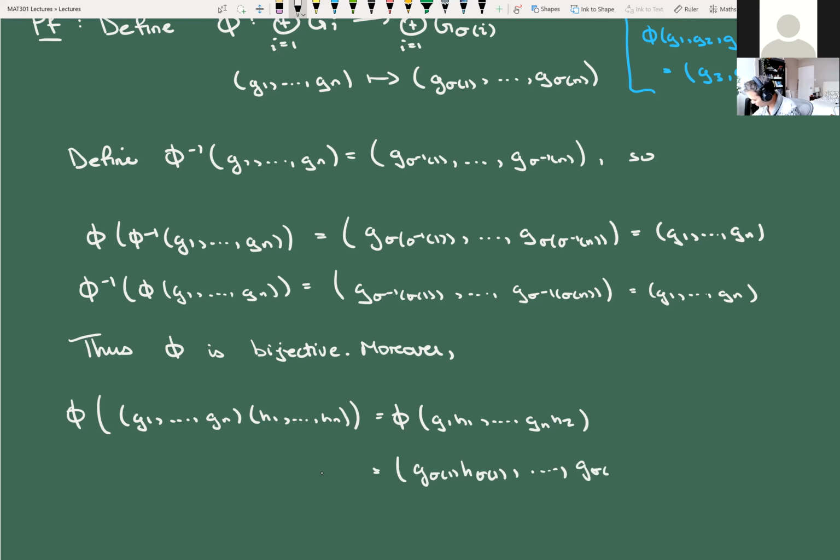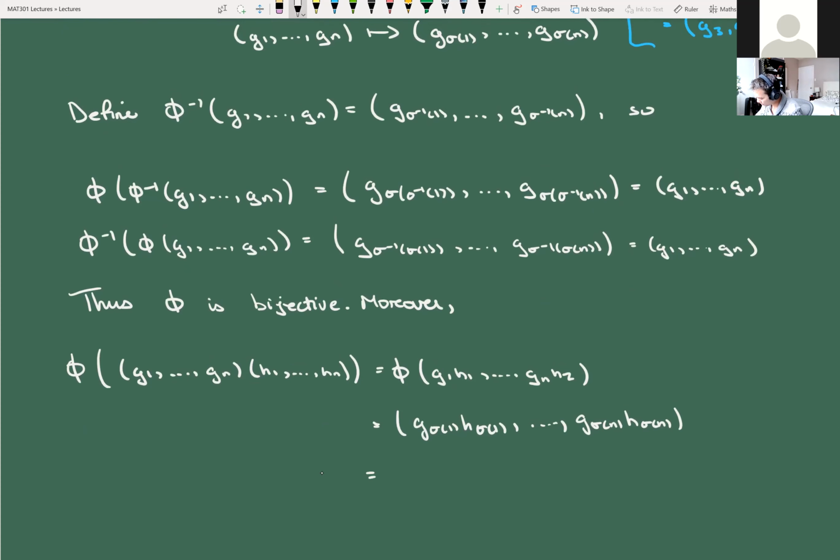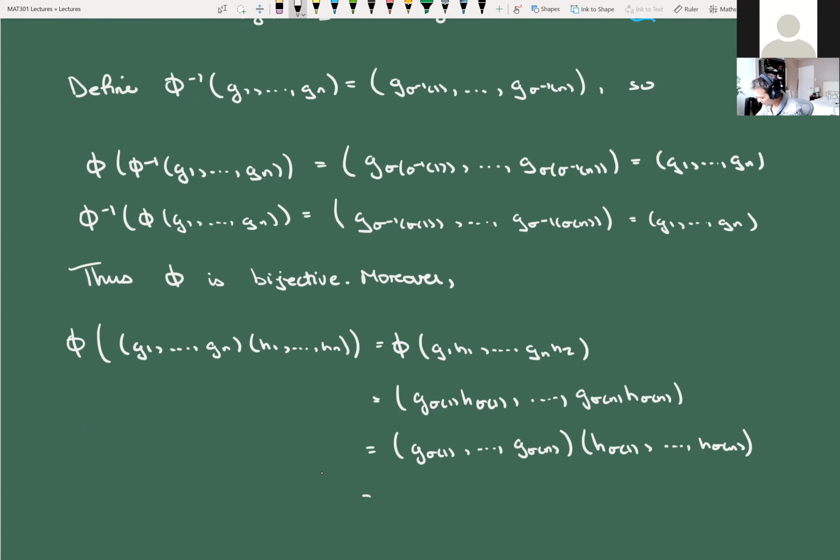Hopefully my notation is still readable because I'm having to draw these things pretty small. So it is a bijective homomorphism, therefore it's an isomorphism, and we're done.